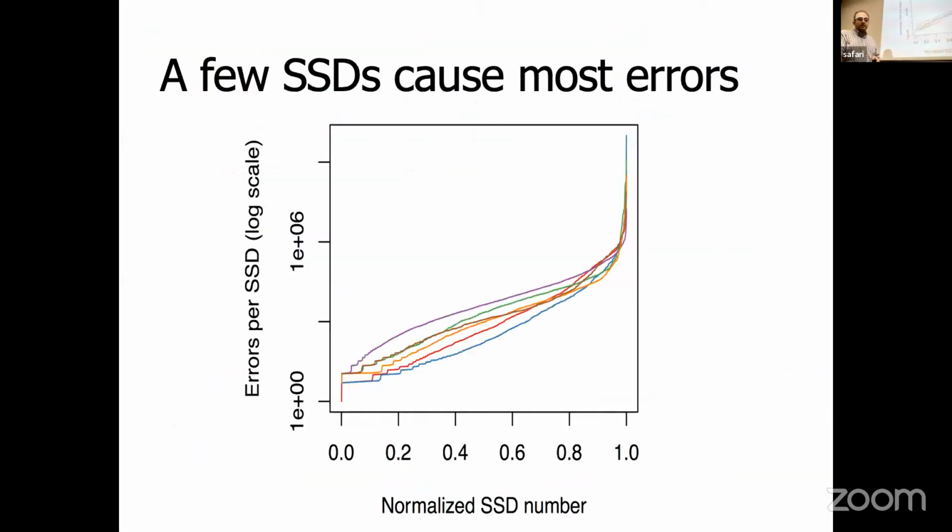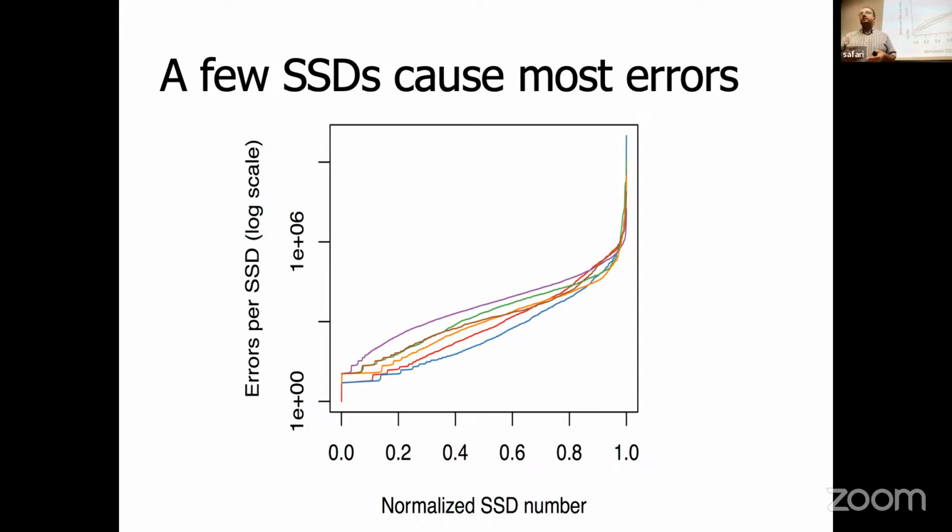results. So the first key observation that we had is that we tested many SSDs. I don't know actually how many. But the interesting thing is that a few SSDs cause most errors. So not all SSDs are error prone, right? We have a similar observation in DRAMs.